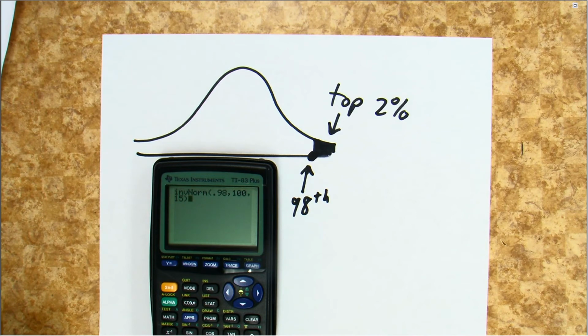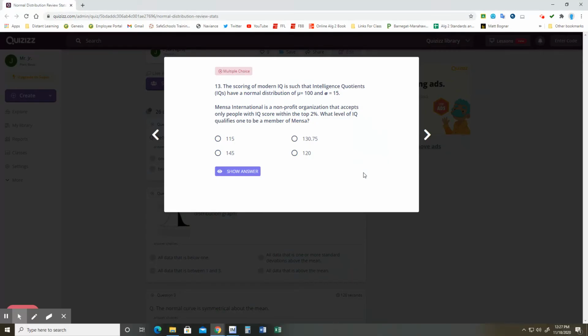If you did it to the right, you could do 0.02, but I'm trying to get you into the habit of not changing it. Which means if you were in the top 2%, you would have an IQ of 130.8 or greater. So 130.75 is what they got. Yeah, they probably rounded it a bit differently than I did. Mine's correct. Mine's more correct than theirs is.